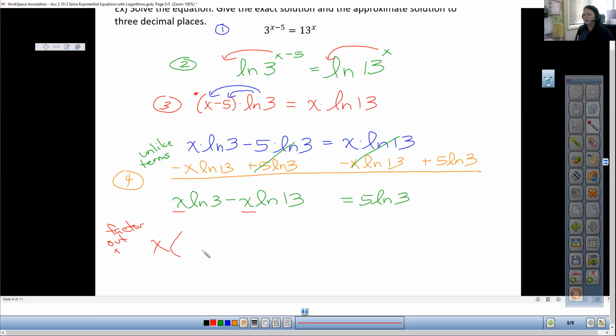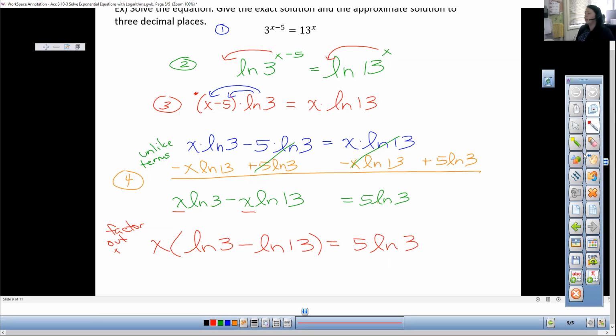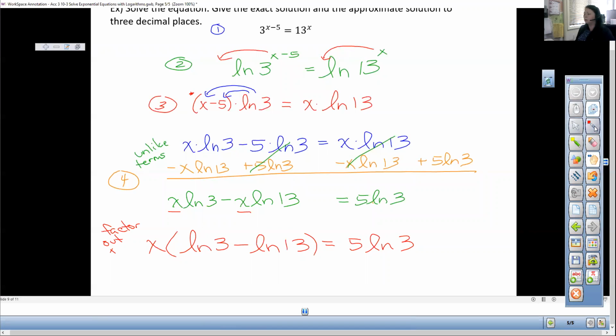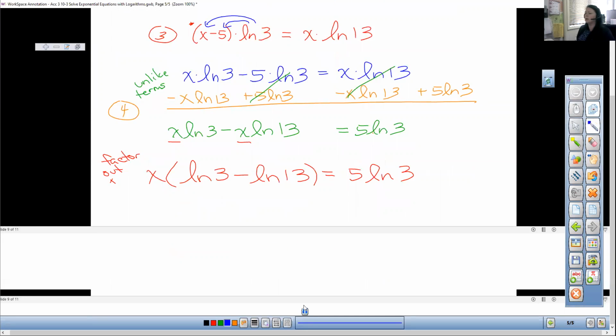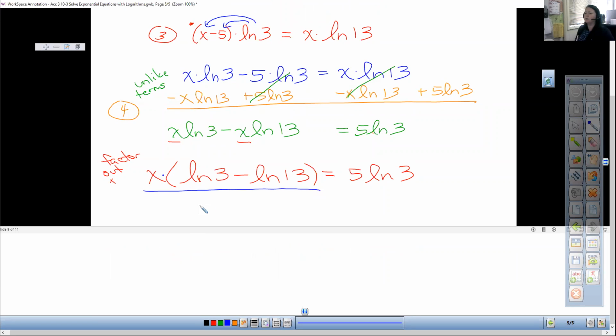And that gives us x times, in parentheses, the natural logarithm of 3 minus the natural logarithm of 13. And now we have a single x, and our algebra says, all right, to get this x by itself, we now need to undo this multiplication. So we're going to divide both sides by the quantity in parentheses.